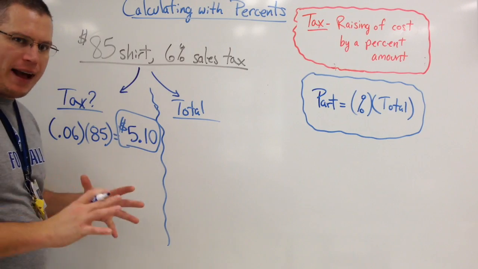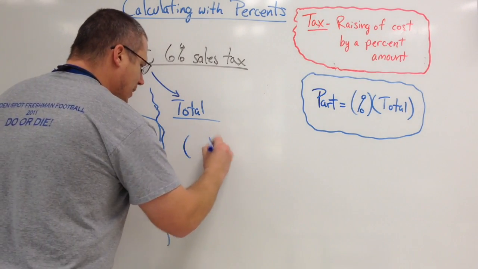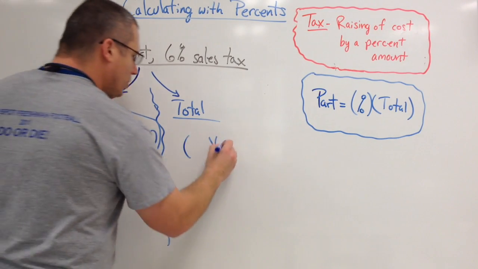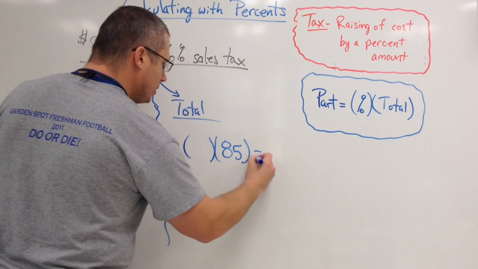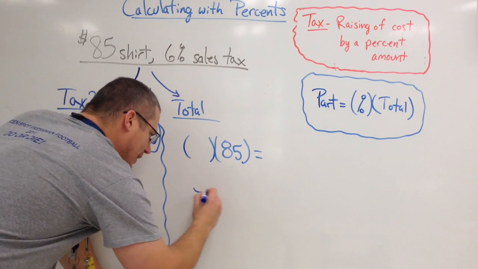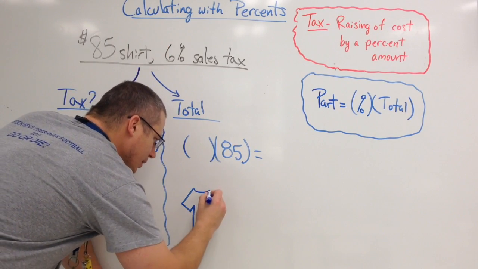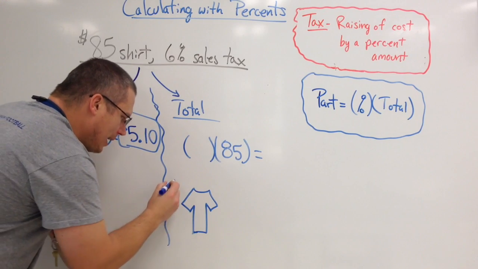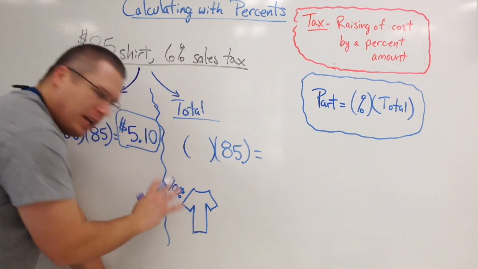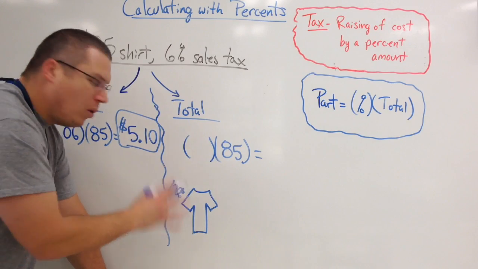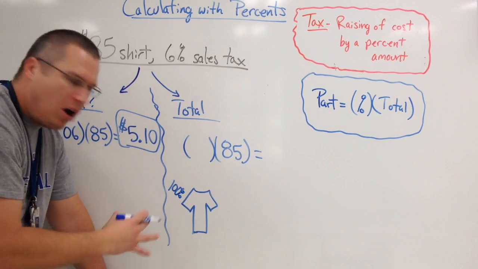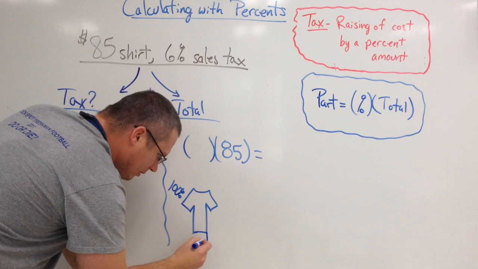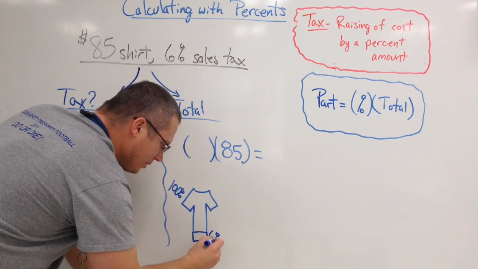Again, I'm going to show you a faster way to do this. I'm still going to take a percent times my total. My total is 85. Okay, here's my handy dandy shirt again. Now think about it. Normally, I would be paying for 100% of this shirt, but I also owe an extra 6% for sales tax.